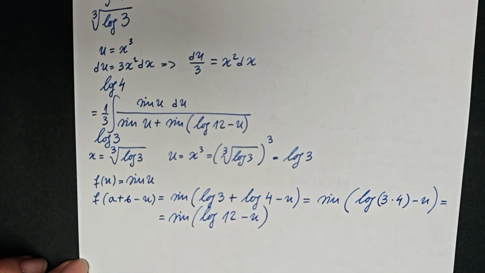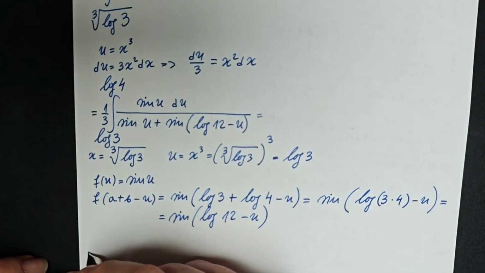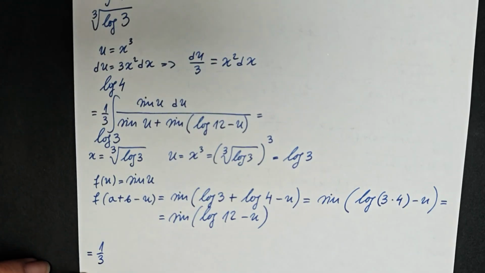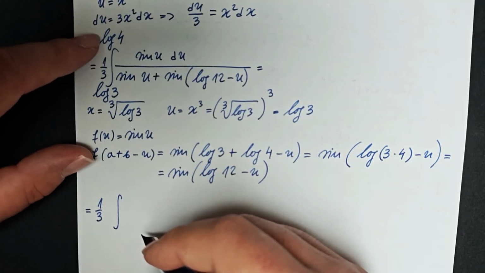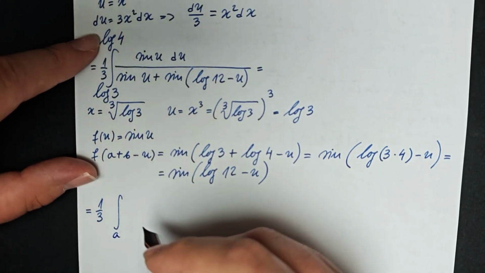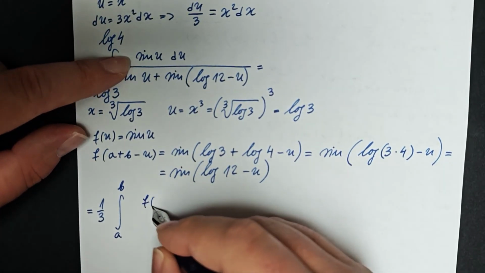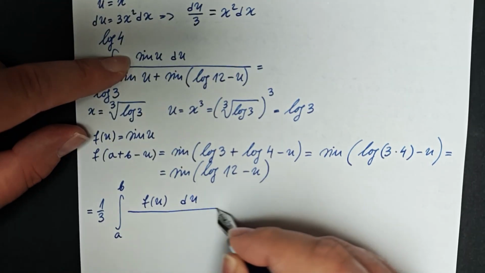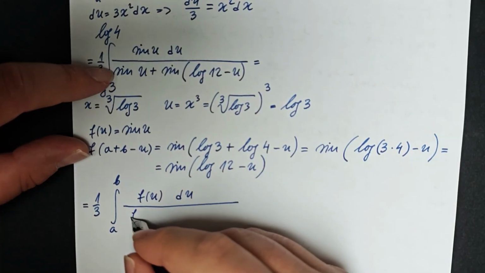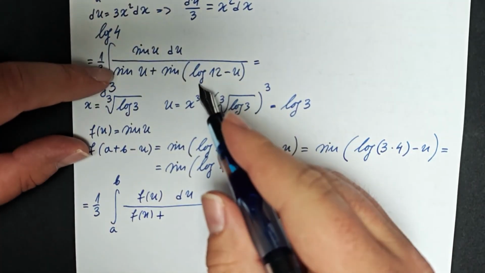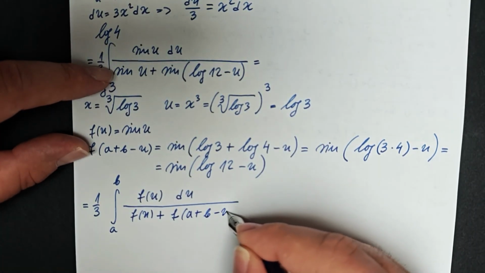As you can see now, we have transformed this integral to fit the formula. We have a constant of 1/3 in front of the integral, and the integral from log 3 to log 4, that is the integral from a to b, of sine u du, that is f(u) differential of u, divided by sine of u, that is f(u), plus sine of (log 12 minus u), which is f(a + b - u).